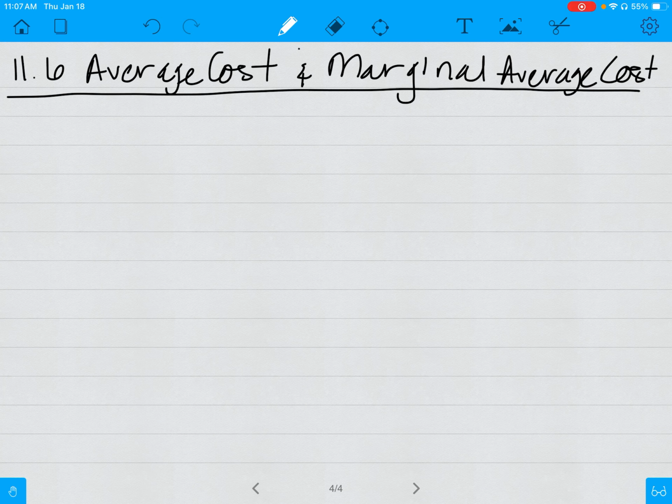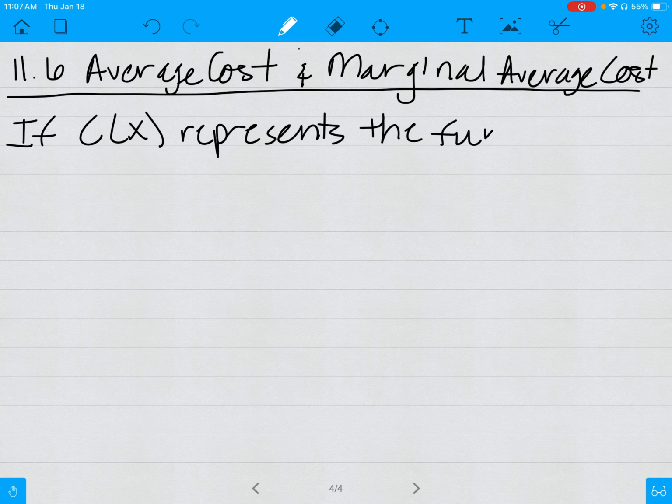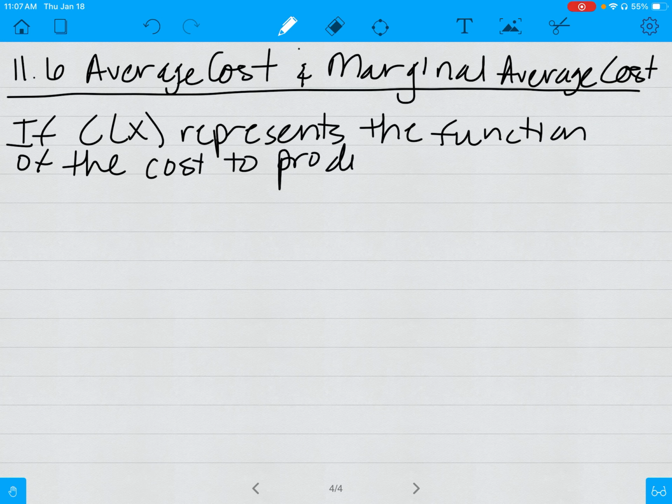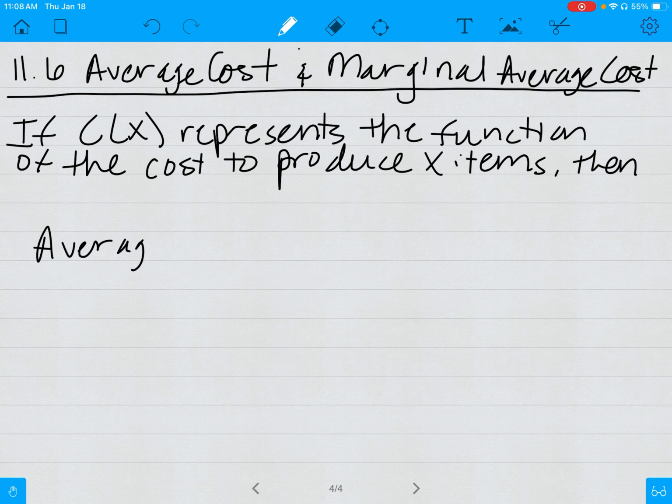So when we are looking at a cost function, let's say C of X represents the function of the cost to produce X items, then the average cost to produce that many items.